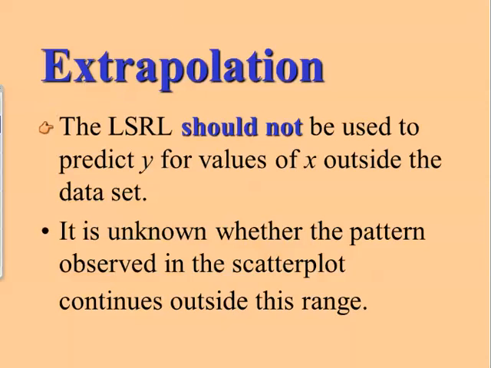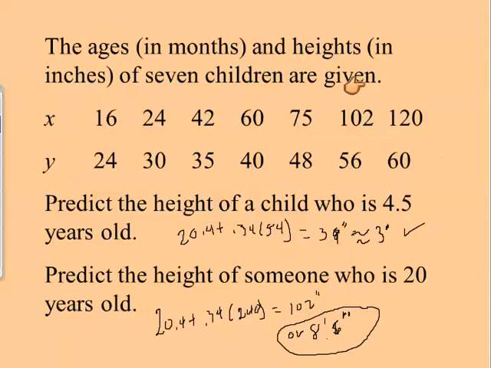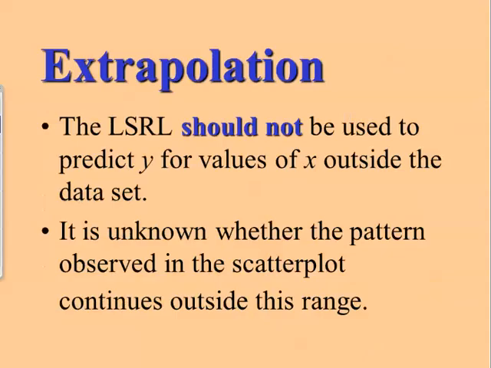If you look at our data here, our biggest number is 120. We really should never do anything above 120. And this 20 years old is about twice what it needs to be. So we're getting a number that really doesn't fit, and that line would not be a good predictor of what's going to happen in the future. It is unknown whether the pattern observed in the scatter plot continues outside of this range.